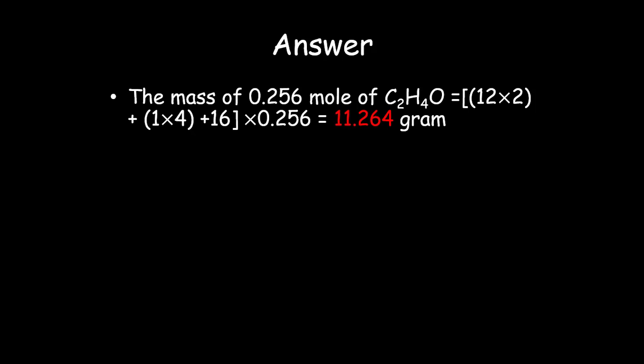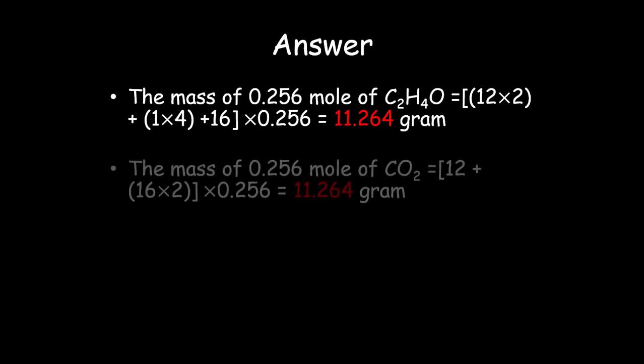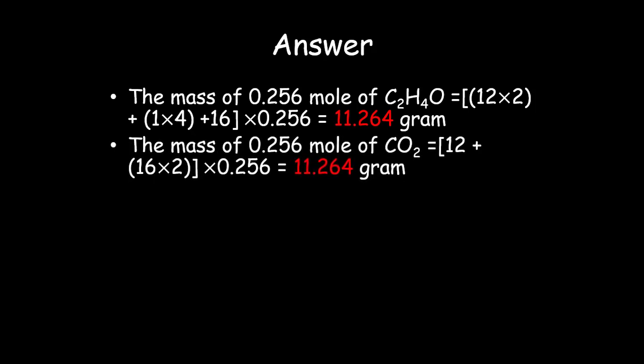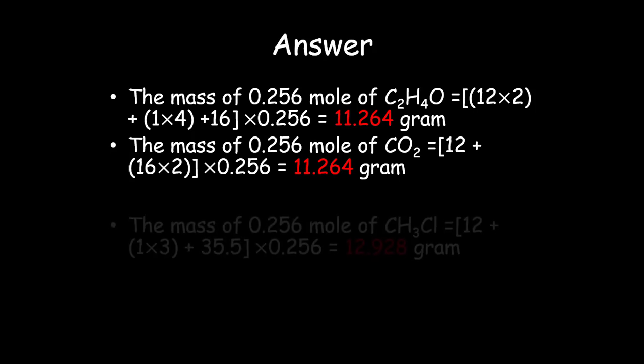So it equals 11.264 grams, which is definitely not our answer. The mass of 0.256 mole of CO2 equals 12 plus 16 times 2, times 0.256, equals 11.264 grams. Not our answer.